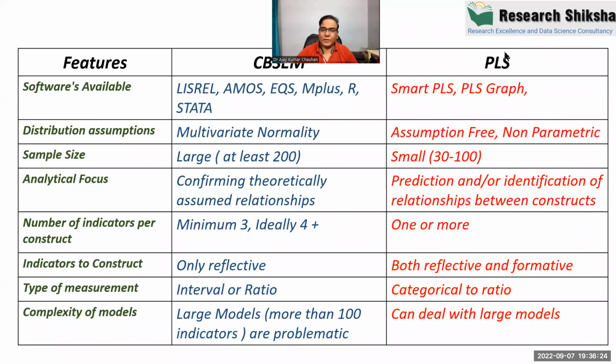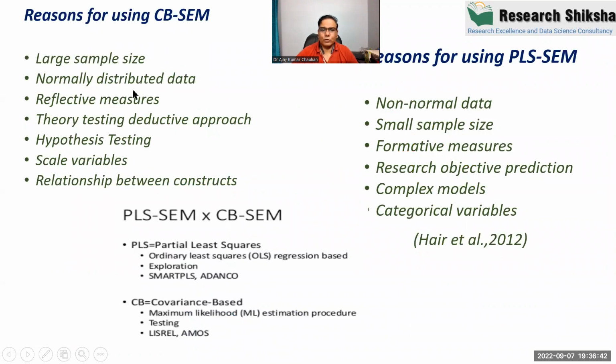But PLS is very, very effective in handling large models and models with second order constructs. So these are the reasons mentioned in the book written by Hair, and I am just summarizing it.